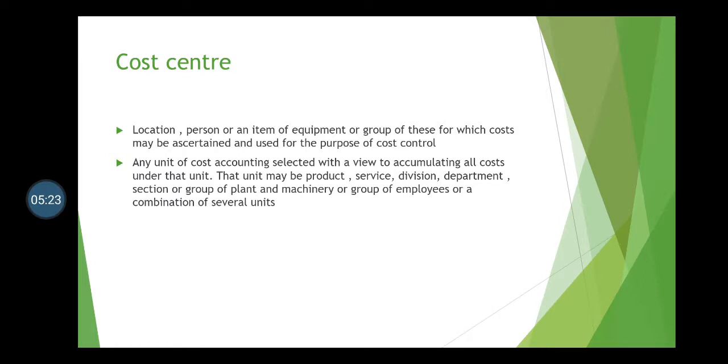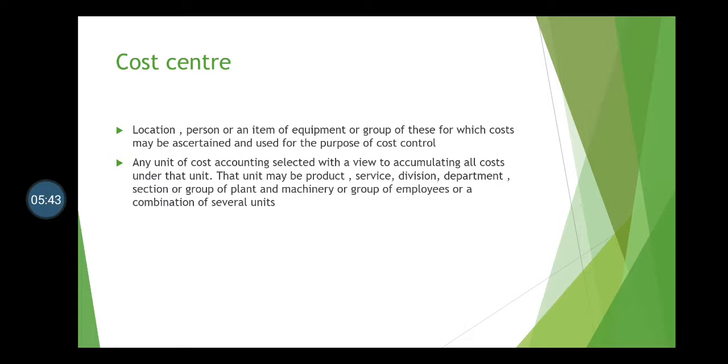Now, cost center is a unit of cost accounting selected with a view to accumulating all cost under that particular unit. Here we try to find out and accumulate all cost under that unit. Now we try to find out the cost of different products.